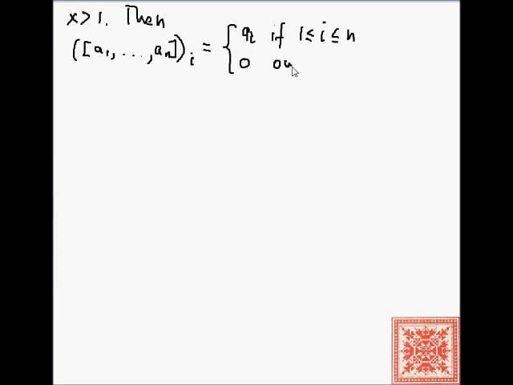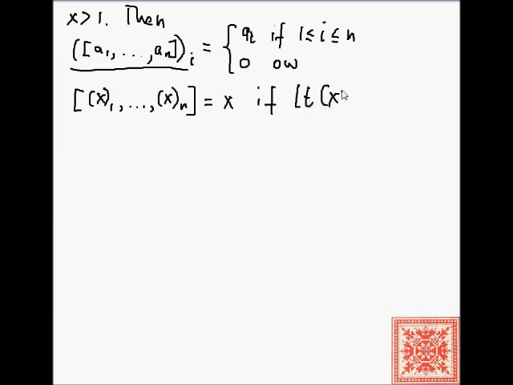This is basically by the definition of the accessor function for the Gödel numbers. If we take x and apply our accessor functions to extract all of the components of x, x1 through xn, then we'll get back our original x if the length of x is less than or equal to n.